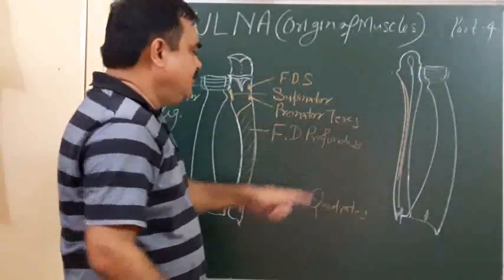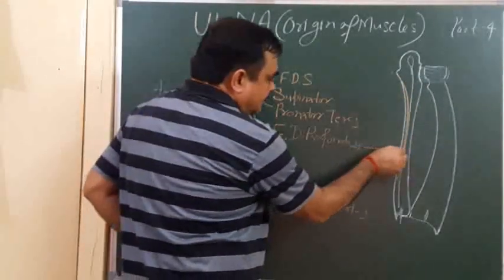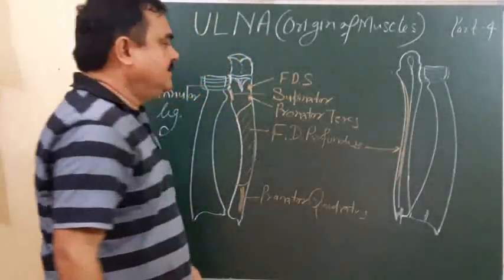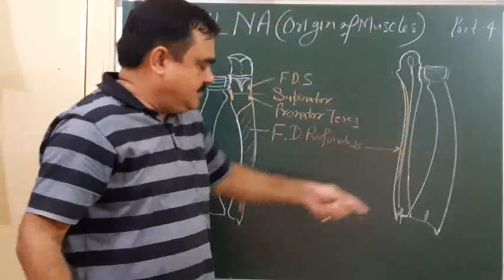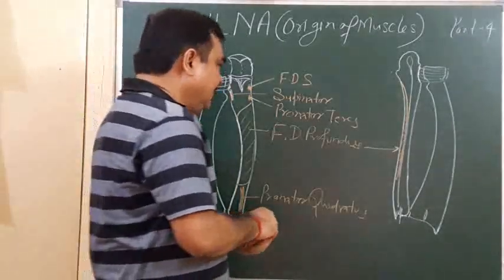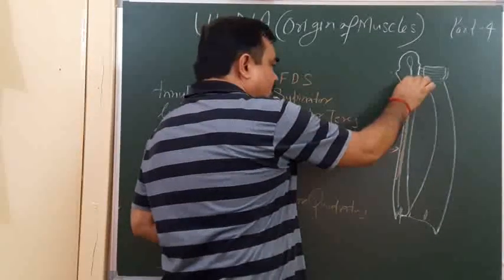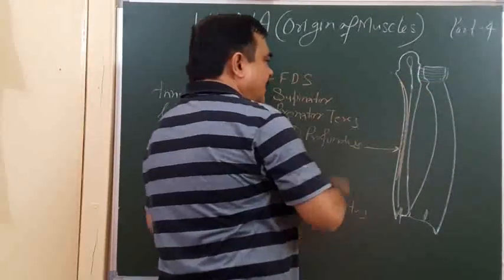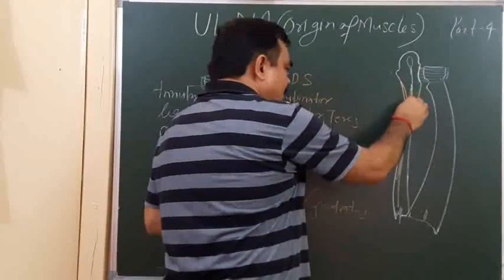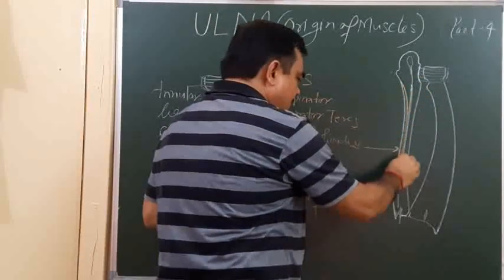Here is flexor digitorum profundus, which arises from this area. And another thing, this is the posterior border.